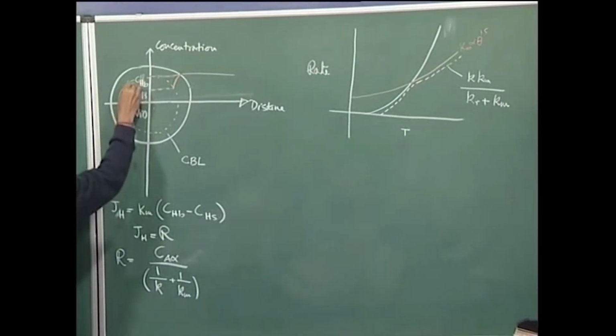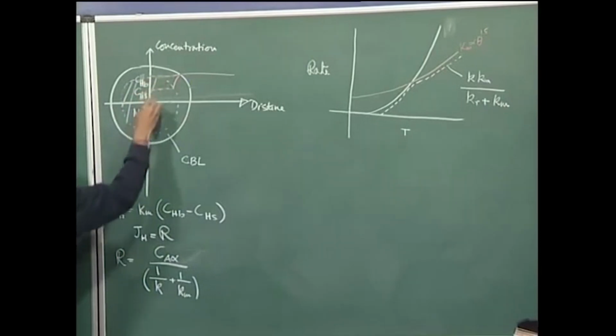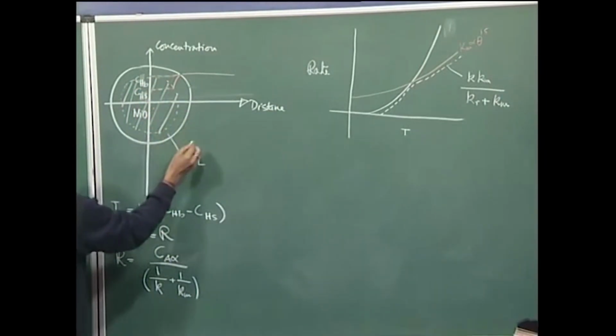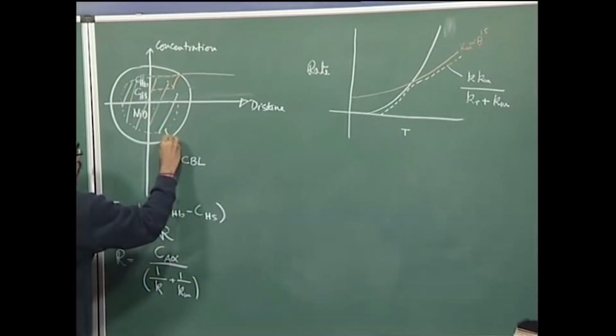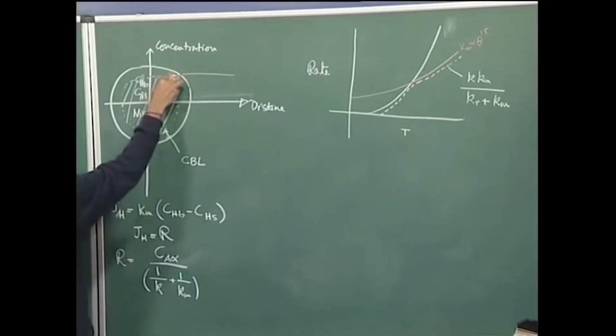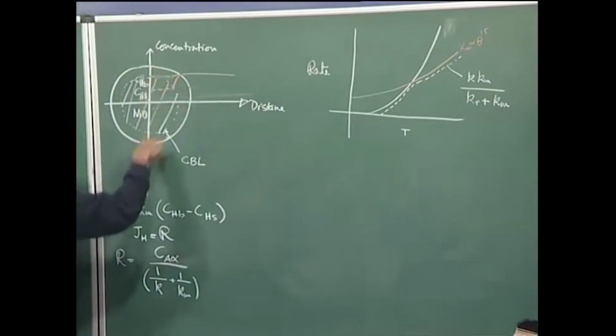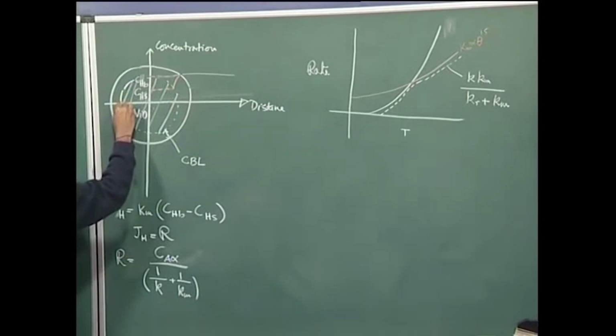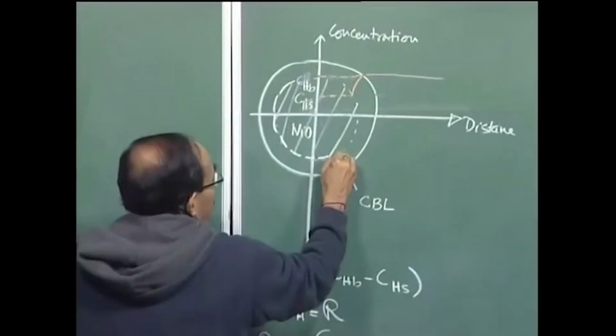This is the nickel oxide sphere actually, and whatever is shown here, this distance is the concentration boundary layer. So, the outer solid line represents the boundary layer, and the solid nickel oxide is this.